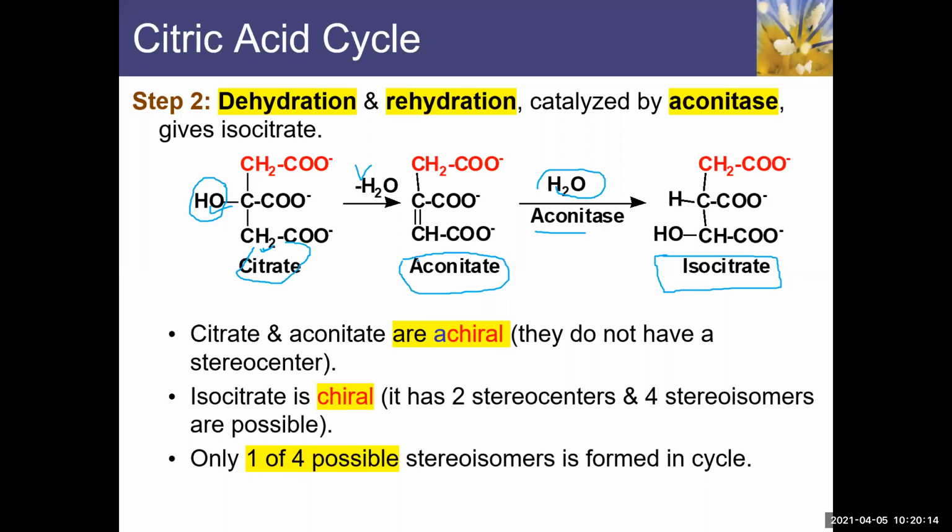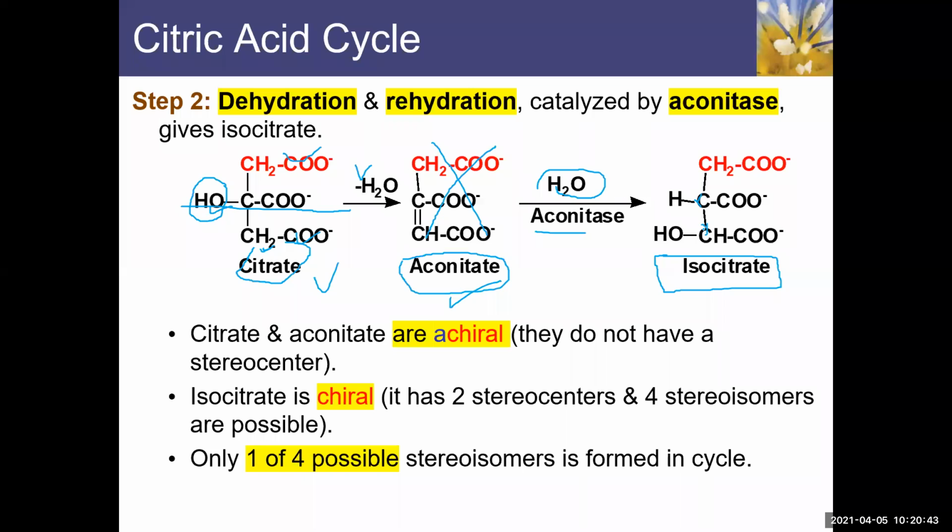Now, out of these three molecules, if I see here, this is also symmetrical, isn't it? This and this is similar. So of course, this is not chiral, right? There's no question of having chirality here because I have a double bond over here. So this is achiral, this is achiral. Out of these three molecules, only isocitrate is chiral with the two chiral centers, right?